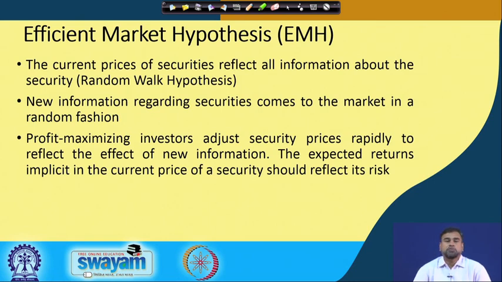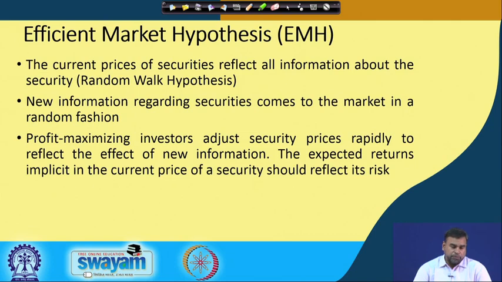There are certain methods to analyze those things in a technical way, but here I will be discussing the concepts related to the efficient market hypothesis, and in other courses like equity research and portfolio analysis and portfolio management, you will get to know more about this concept.